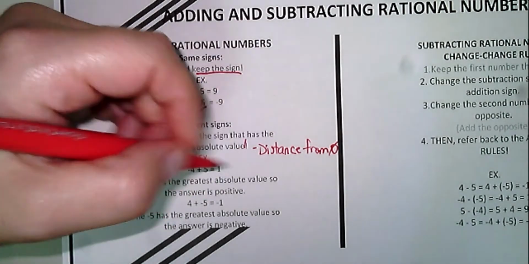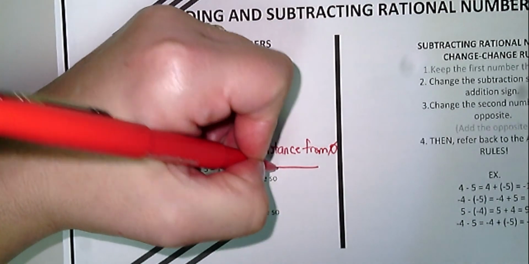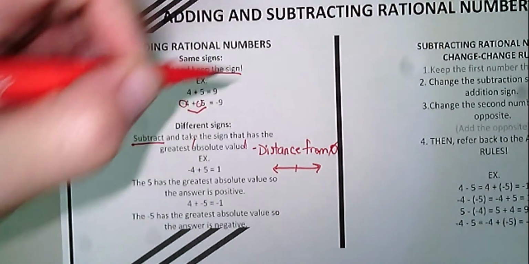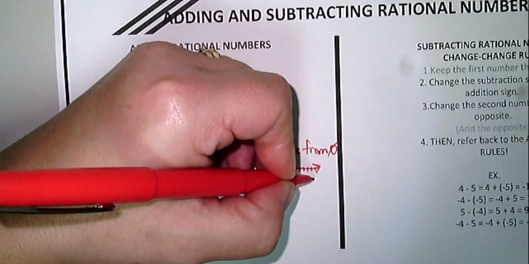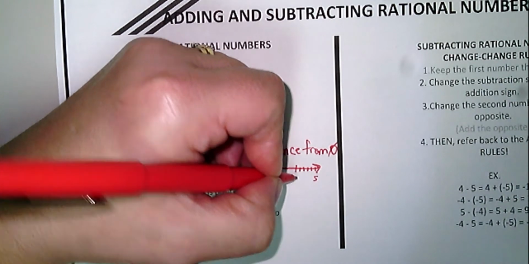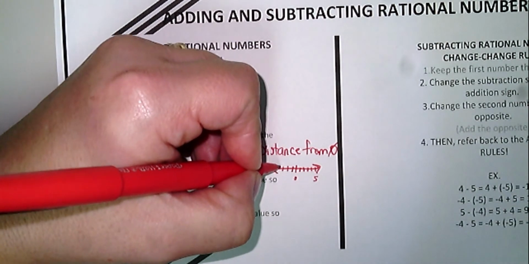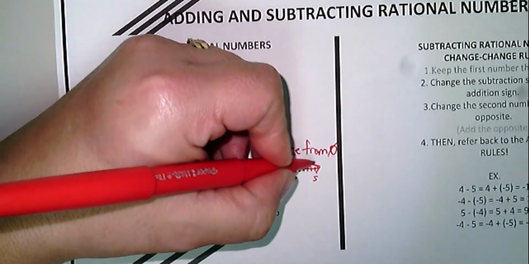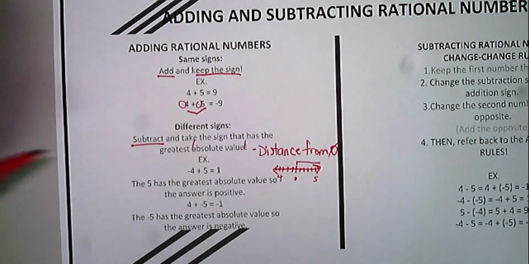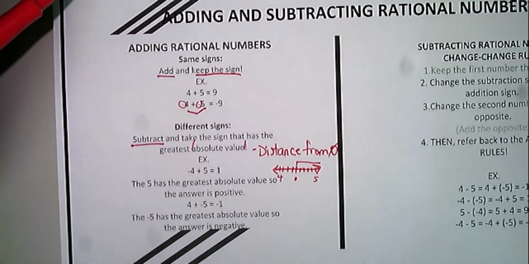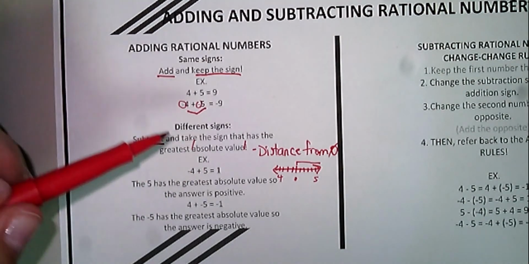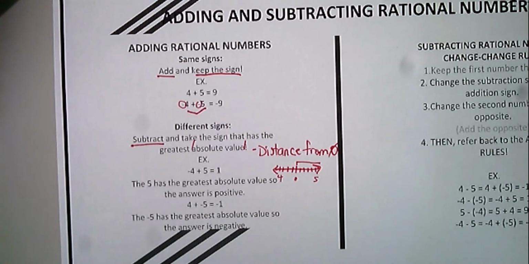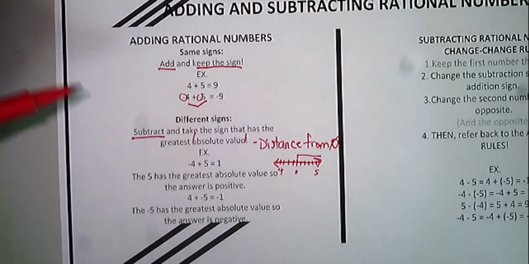And so if we look at that, if we had a number line and we have negative 4 and positive 5, well, 1, 2, 3, 4, 5 is right here, if this is 0, and 1, 2, 3, 4 is right here. And so 5 has actually got a larger distance from 0, so it is positive, which means that if you have 5 minus 4 is 1, and since the 5 has a greater absolute value, then your answer will be 1.